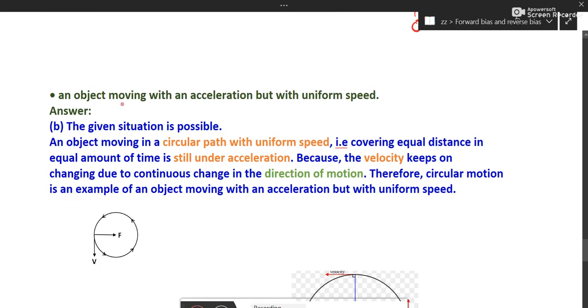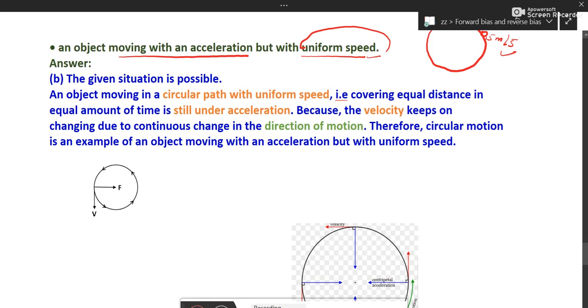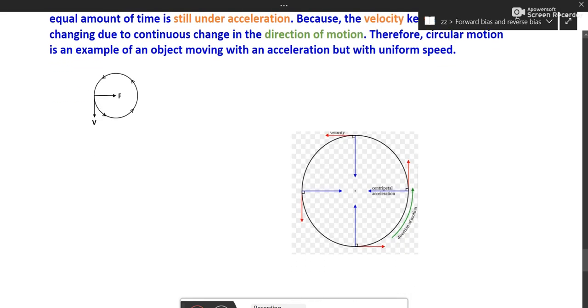Number 2, moving with acceleration but uniform speed, fixed speed. So yes, when the object moves in a circular path, then speed can be fixed, like 15 meter per second everywhere, but velocity will change. Why? Because direction is changing. Direction in a circle is given by the tangent. This is the direction here.